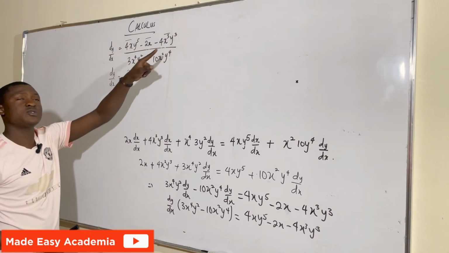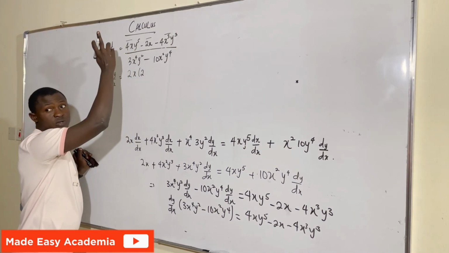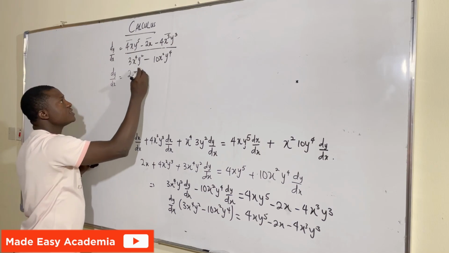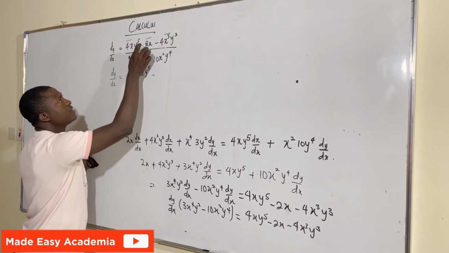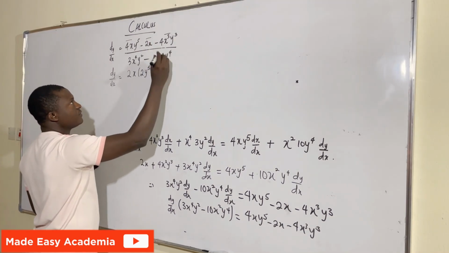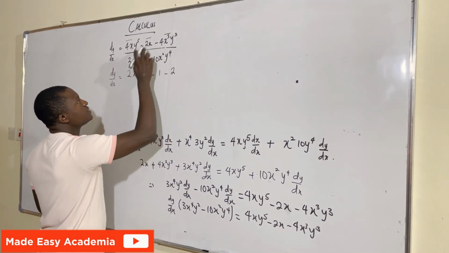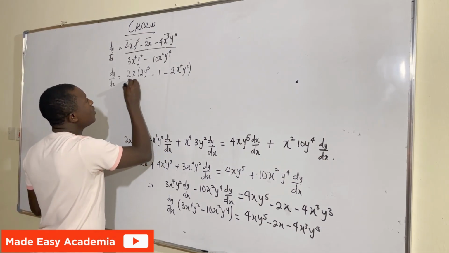So now 2 into 4, and we have 2. We have already factored out the x. So then here I have y^5 minus, I've already factored out this, I have 1, and here 2 into 4, and we have 2, x cubed, and we have x squared and y cubed, all divided by.